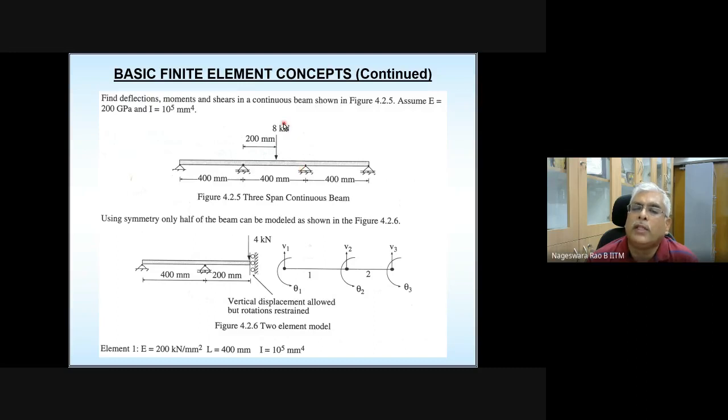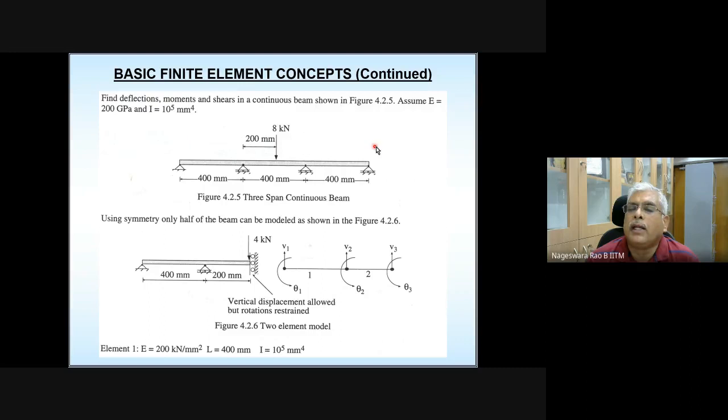Or you just put the 8 kilonewtons as the contribution of one element, and the other element's contribution is going to be 0. Or you can make it half, 4 kilonewton to each. Finally, that contribution is going to go into the same node location, so finally 8 is going to be there. Think about it. And this other element you can also assemble because there are no loads.